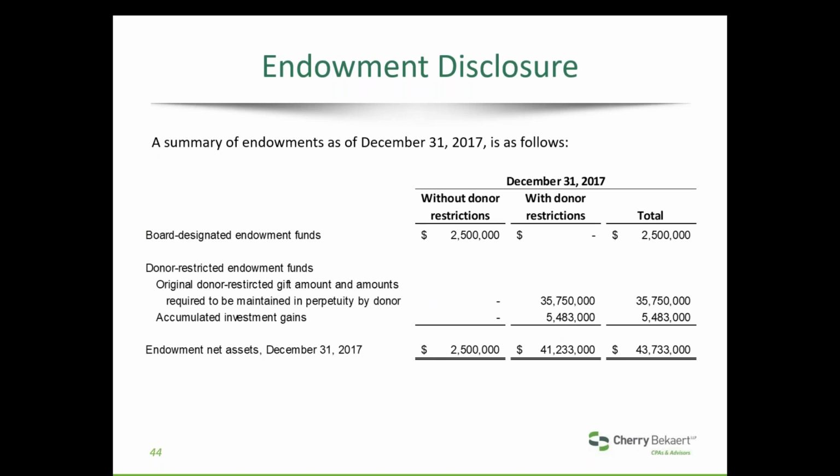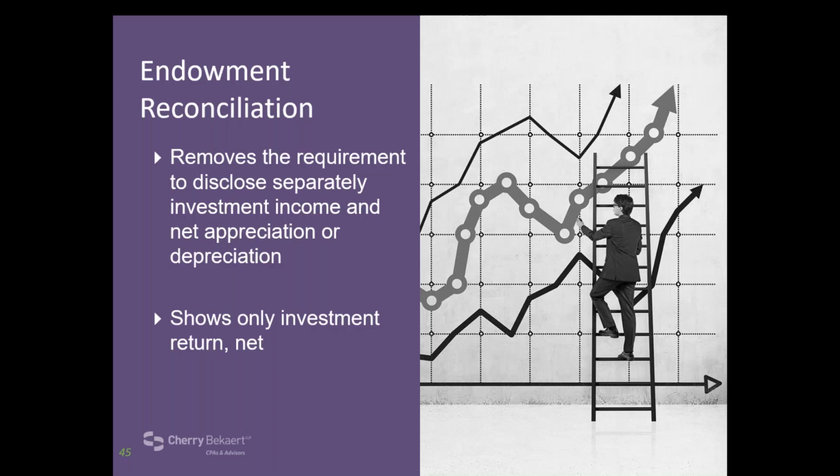Previously you would have your unrestricted, temp, and perm. And now you can see it's just the without donor restrictions and with donor restrictions. So your board designated endowment fund is sitting in the without donor restrictions, and then your donor restricted endowment fund is sitting in net assets with donor restrictions.